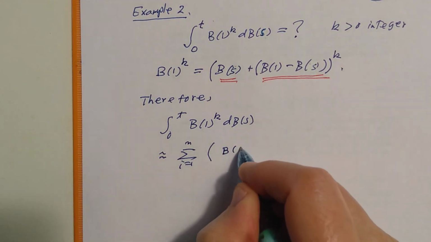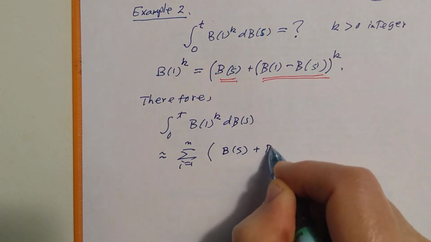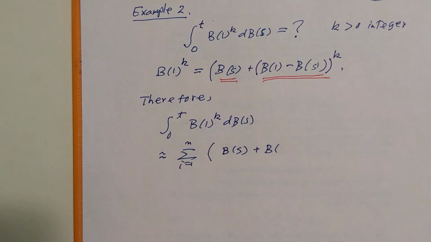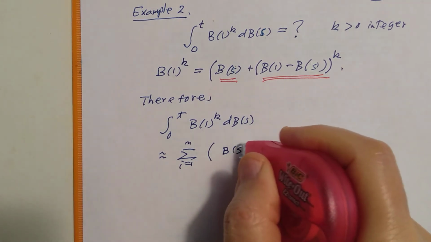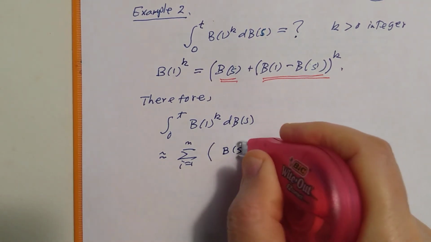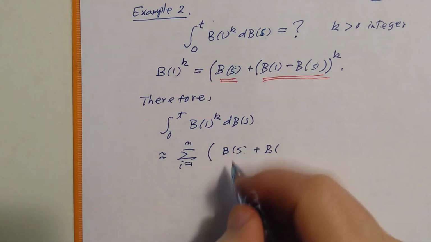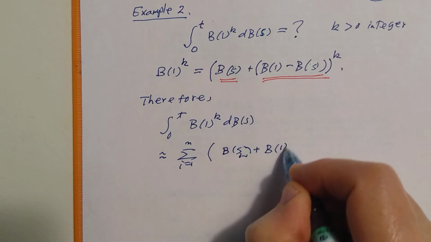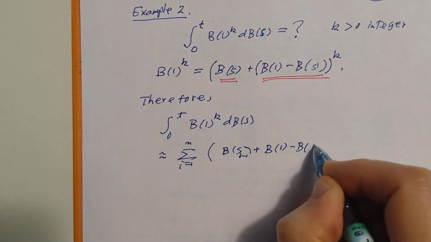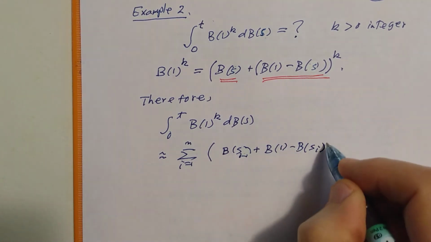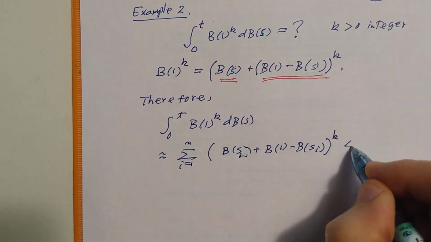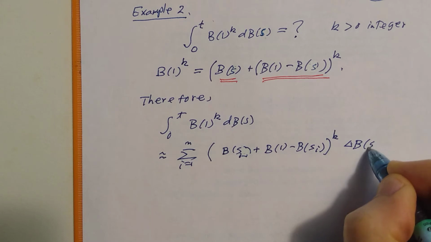Okay, B_s plus B_1. Oh, here, I'm sorry. The evaluation at i minus 1, and then (B_1 minus B_{s_i}) to the power k, and then the Brownian motion increment at s_i.